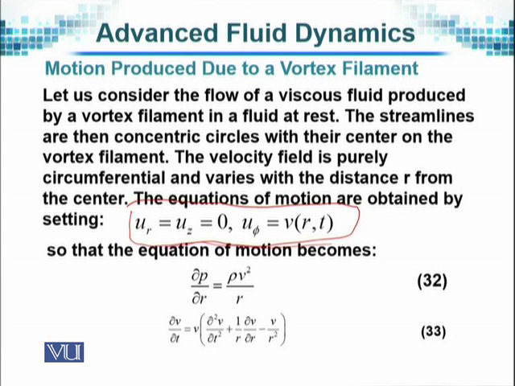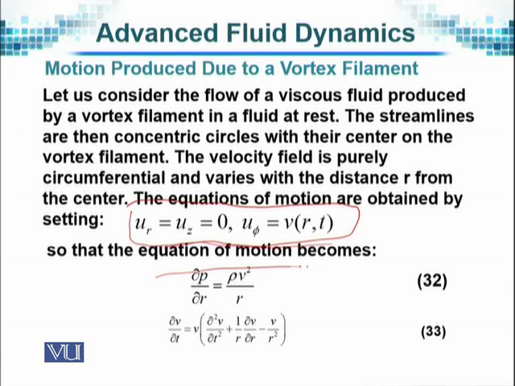Therefore, the velocity components u_r and u_z, that is the velocity component in the radial direction or vertical direction, are 0, and u_phi, the velocity component in the angular direction, we can denote by v, depending upon r and time t.